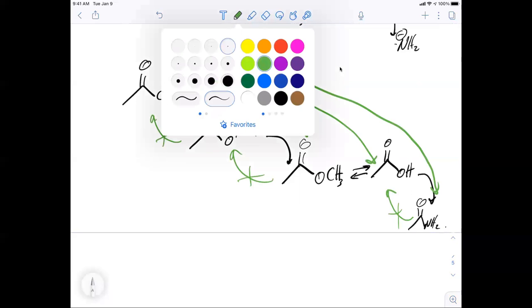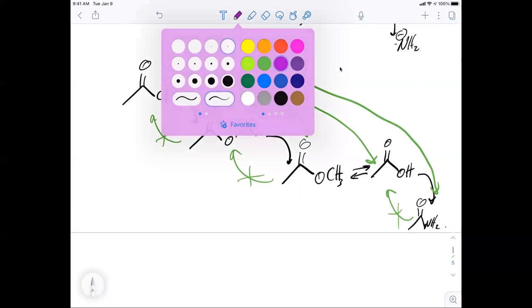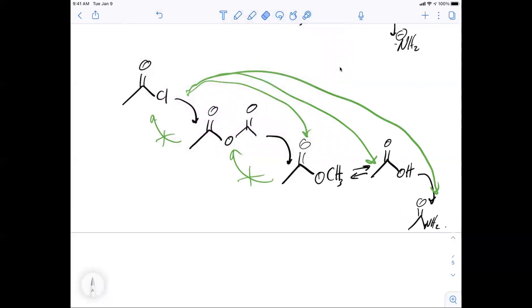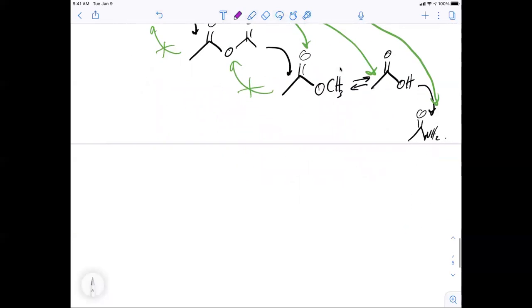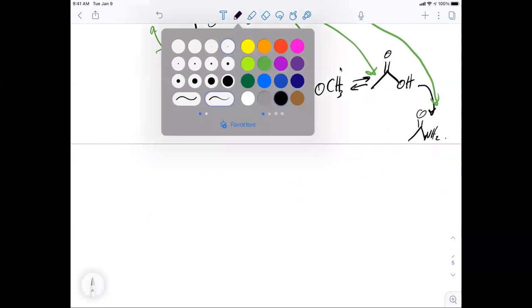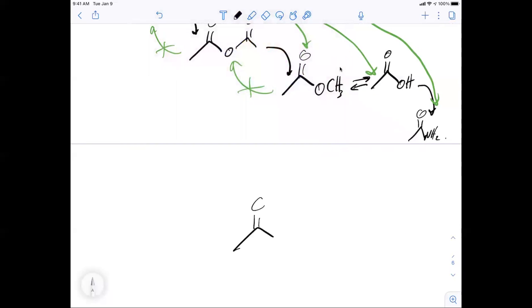So what I need is a key. Now, I'm going to erase this one because it turns out that one will happen, but there's a trick to it. The key is that all of these can be turned into the acid.